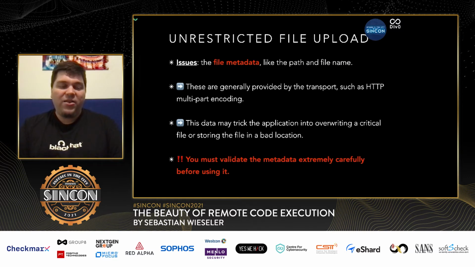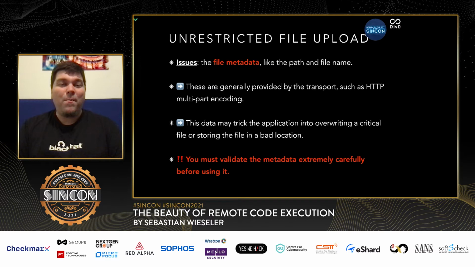right? Then the first issue is about file metadata, like file paths or file names, right? This kind of metadata is usually provided by the transport layer, such as HTTP multipart encoding. We look into this a little bit later in the presentation.